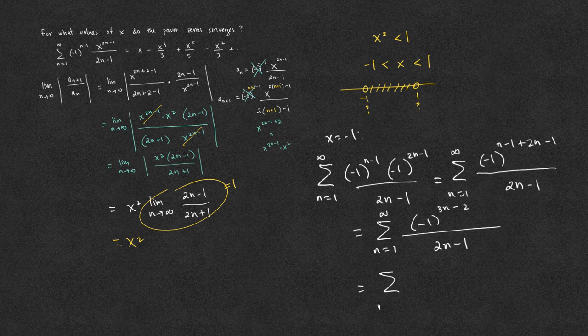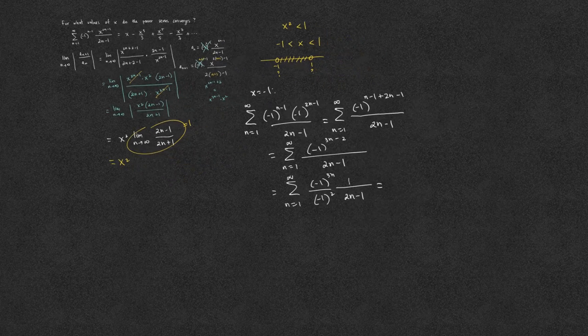This is (-1)^(3n) over (-1)^2, and then the denominator is 2n-1. (-1)^(3n) is simply (-1)^n, because 3n can be either even or odd. (-1)^2 in the denominator is now positive, and we have 2n-1 in the denominator.